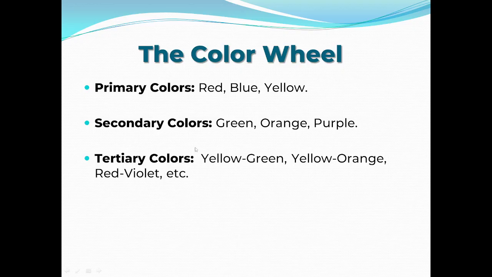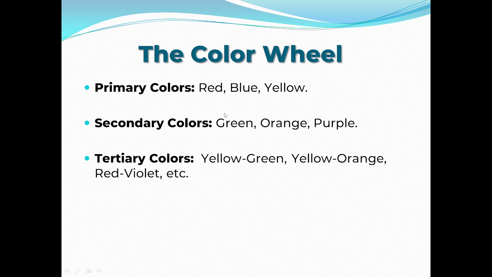So what are the classifications of colors on the color wheel? We have primary colors, which is the first one. Primary colors are colors that are raw, or let me say they are plain. You don't have to mix them to get them.